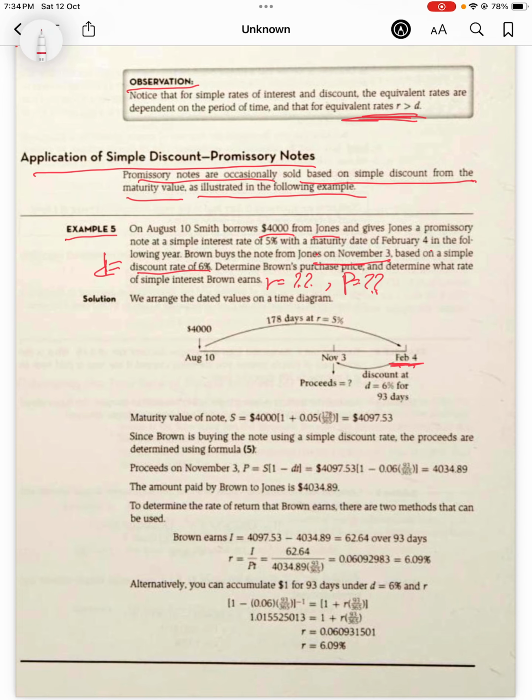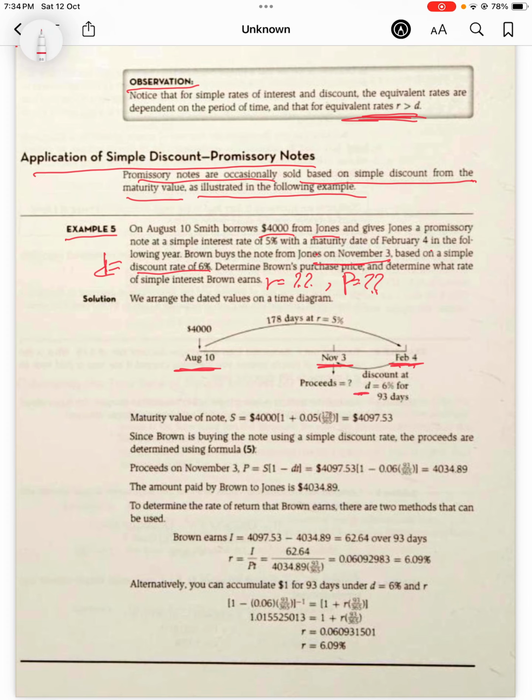Solution: we arrange the dated time values on a timeline. The timeline begins from August 10 till February 4, which is the maturity date, but there is a date for discounting, which is November 3, and there is also the discount rate, which is 6%.